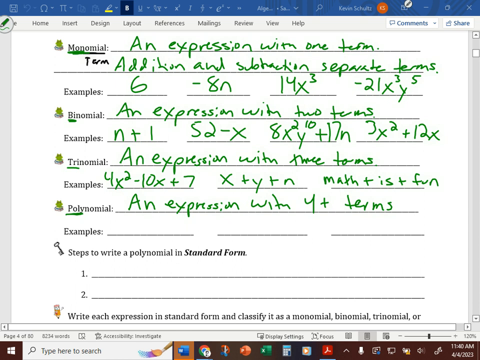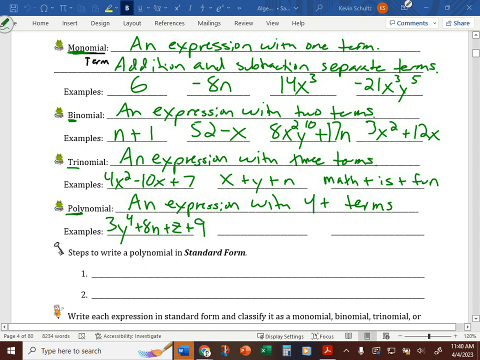Okay. And some examples. 4 plus terms, you can have something like 3y to the 4th plus 8n plus z plus 9. Right? 4 terms there. These get pretty long because you can't combine them. There's no like terms here to shorten it up.